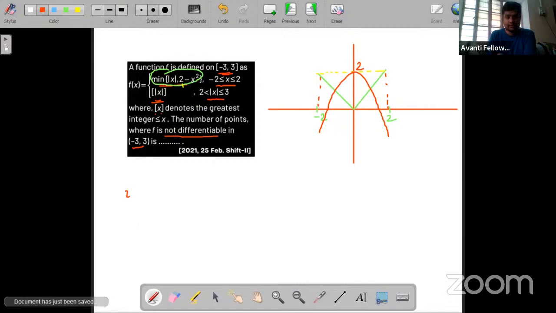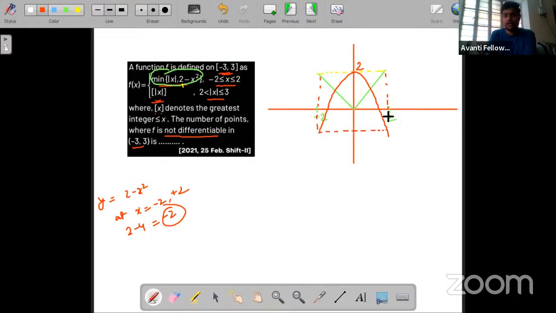For 2 minus x square at x equal to minus 2 or plus 2, we'll be getting the same. So 2 minus 4 is minus 2. So at both 2 and minus 2, we are getting minus 2. Clear? We can also find these points, but whenever we need, we'll try to find them.